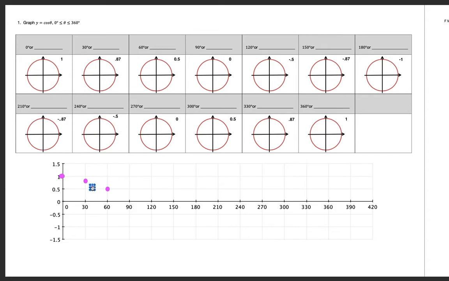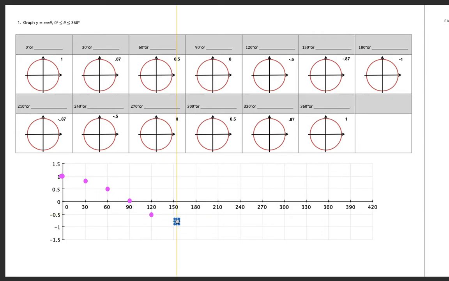At 120, it is at negative 0.5. Oops, I skipped 90. You goose. 90, it's at 0. At 120, it's right there.